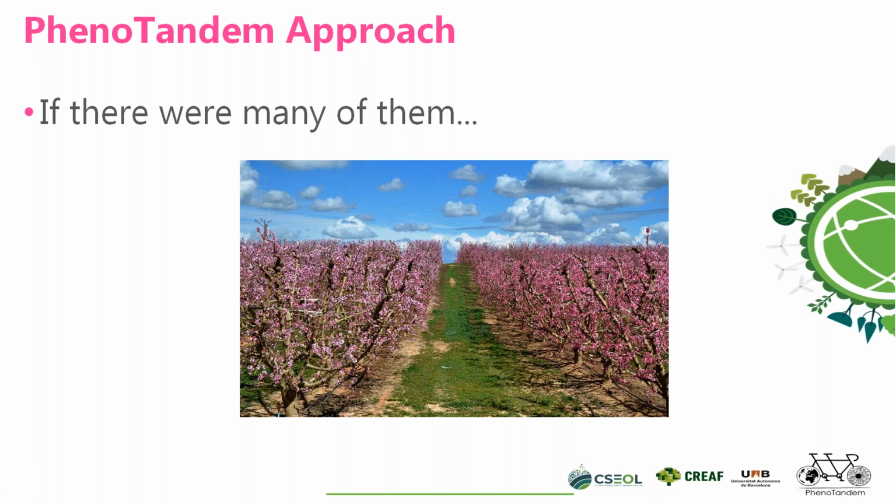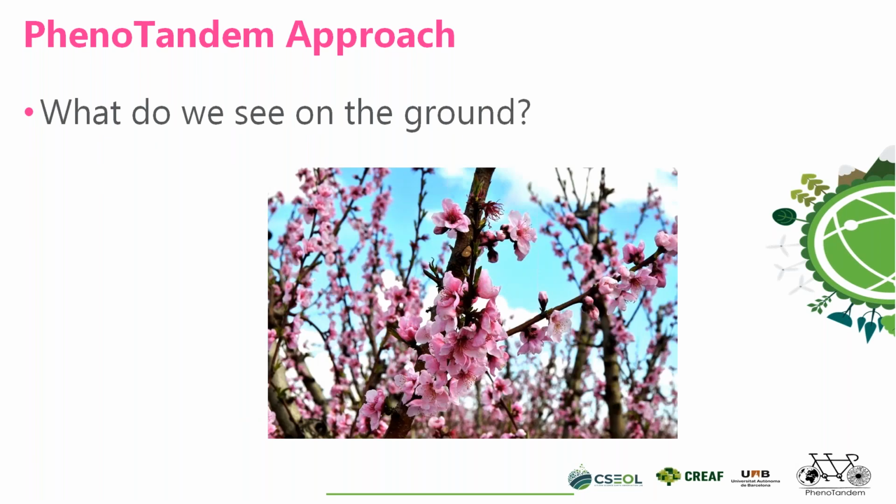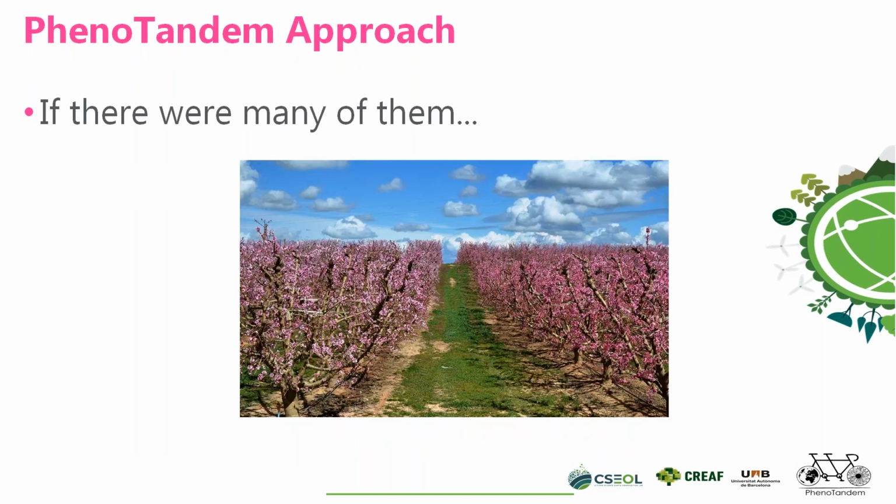Okay, sorry about that. I believe I got somehow disconnected from the network. And since I'm back, I will continue. I was just saying that if you are on the ground, you are seeing something like this. You see the flowers one by one. What could happen if there were many of those trees together, and you had some kind of homogeneous patches that are big enough?